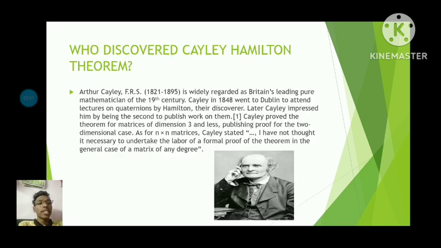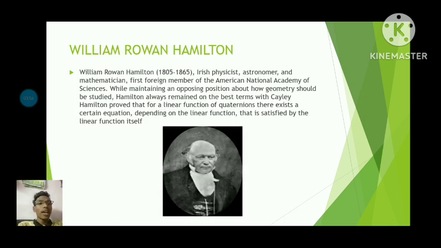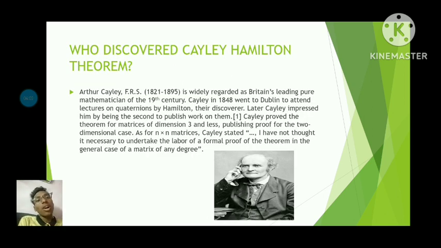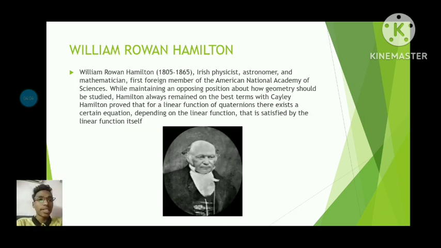Okay, this is a picture of Arthur Cayley. Now we see for the Cayley-Hamilton theorem, there are two discoverers. The first one is Arthur Cayley and another one is William Rowan Hamilton. Now we discuss William Rowan Hamilton. 1805 to 1865.